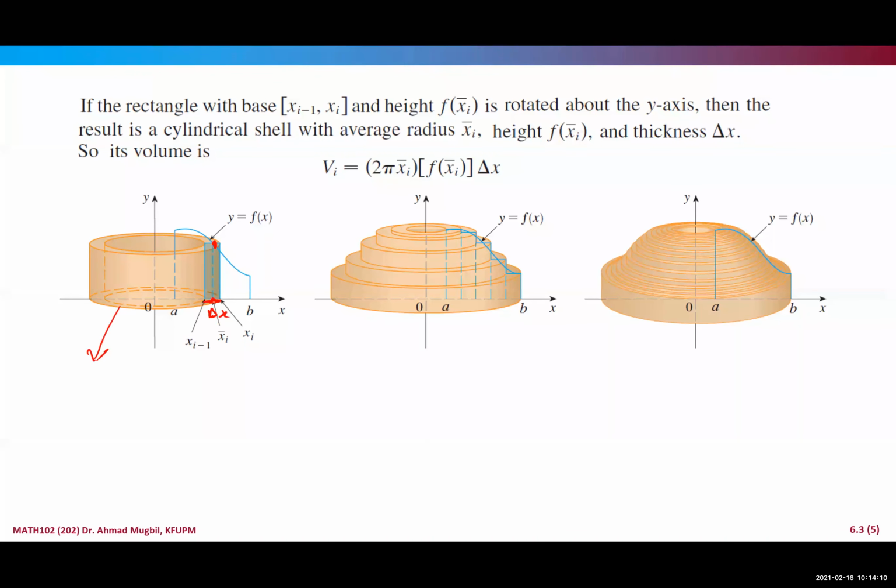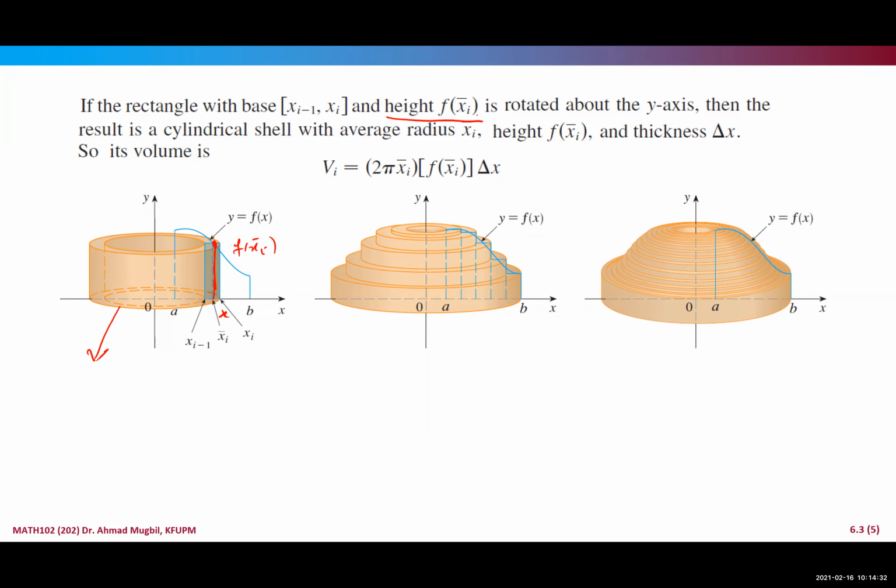Let's take the midpoint as a simple point; you can take any point, no problem. Then the height of this rectangle will be the value of the function at x_i bar.